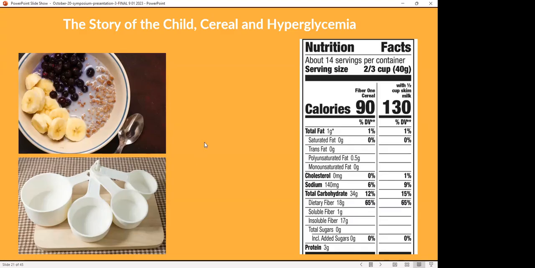And I said, okay, that's what you're using. And then I said, and how much milk are you using? And she says, sometimes 1 cup, but sometimes I use less. Sometimes I use 2/3 of a cup too. And I said, and when you use 2/3 of a cup, what do you use? She shows me again the 1/3, and she shows me the 1 cup.